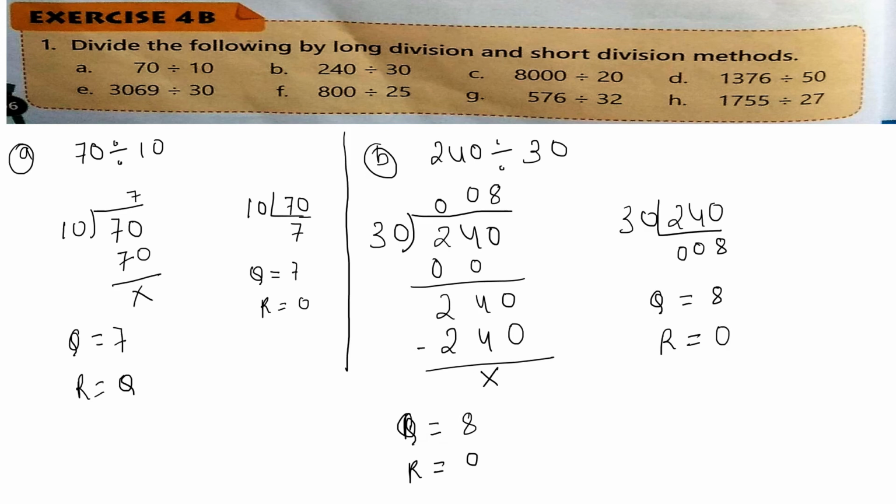Okay. So now number C, 8000 divided by 20. So first we will do the long division method, 8000 divided by 20. So we cannot do with this.